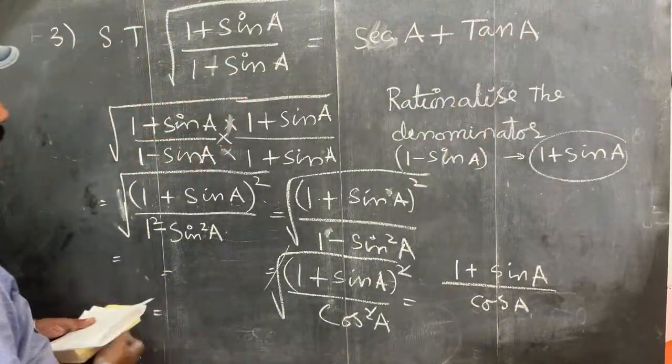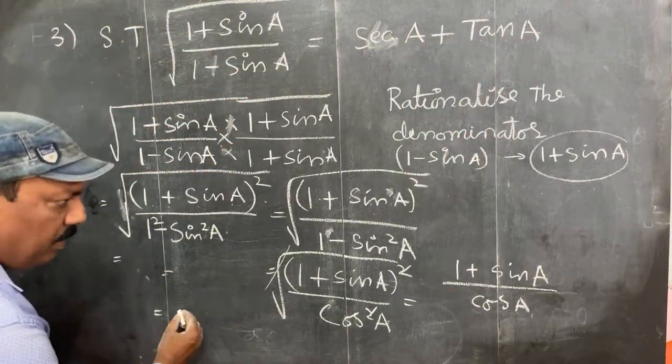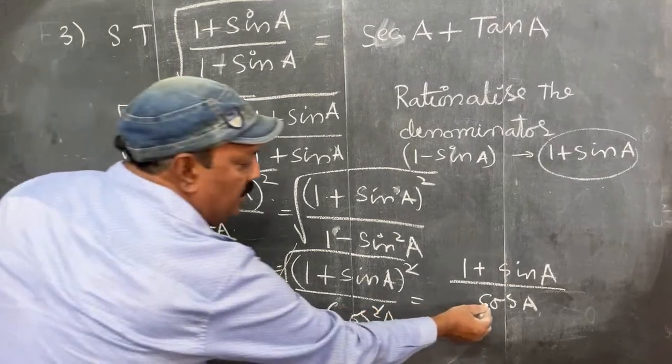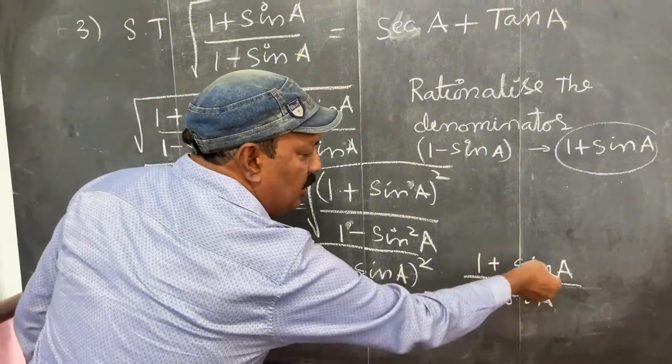This is the final thing, but we have to get secant A plus tan A here. How to get it? Just one more step. This cos A belongs to 1, and this cos A belongs to sin A also.